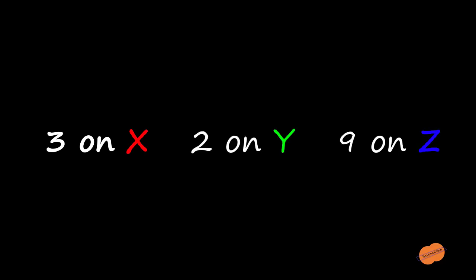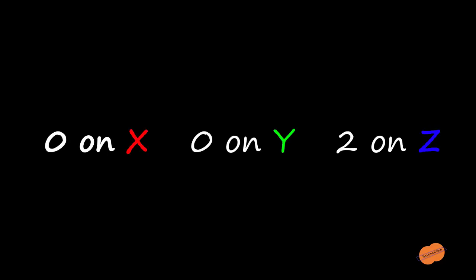Suppose we have a vector, starting from points, 3 on x, 2 on y, and 9 on z, and ending at points, 0 on x, 0 on y and 2 on z. So now, we have all three axes at the same time, and not only the x and y axes. This time we have a value for z-axis, as well.